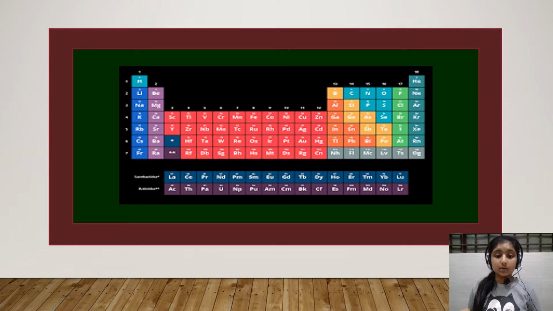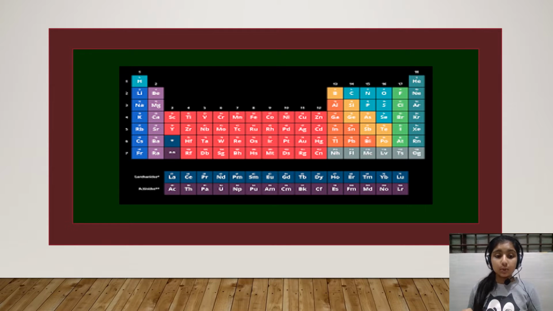And these horizontal lines, 1 2 3 4 5 6 7, are 7 in number and are called periods. So in the periodic table there are 18 groups and 7 periods.